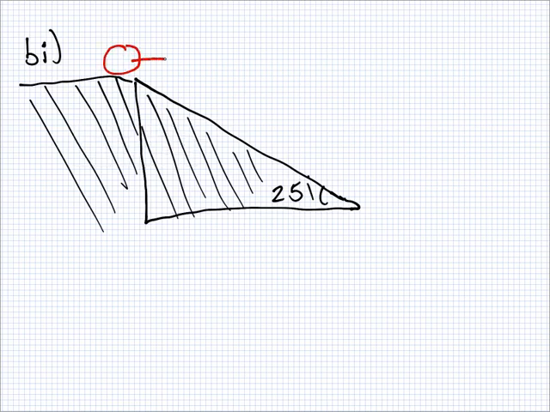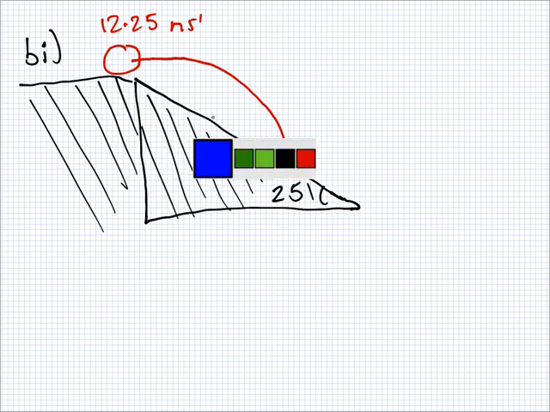So it goes like this. Its speed here is 12.25 meters per second. Do we know its mass? No, we don't. And I guess we don't need to know it. Now this question, they want the time and the distance for it to arrive right here at the end.